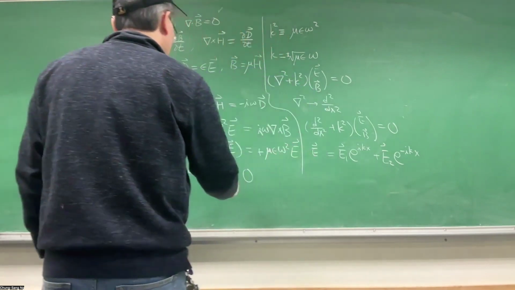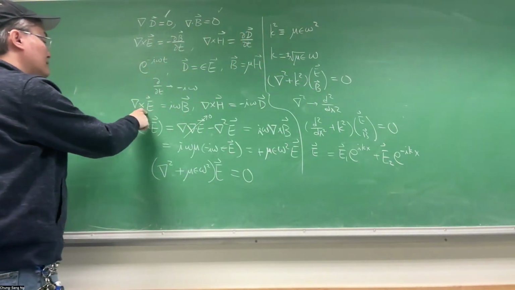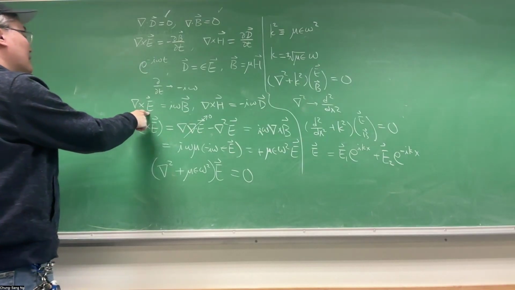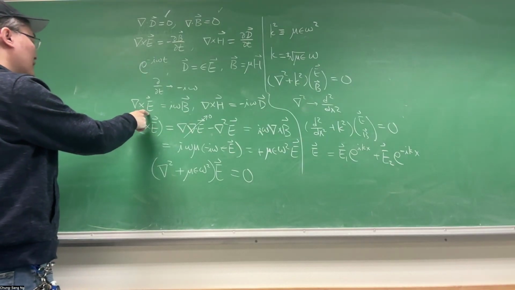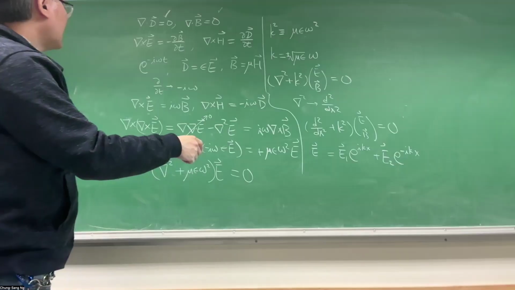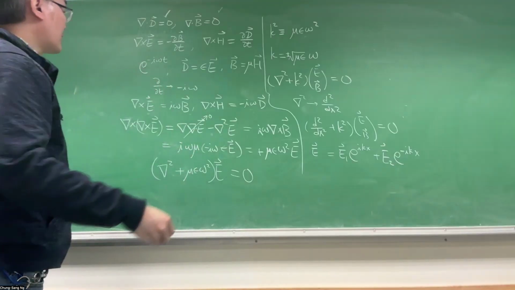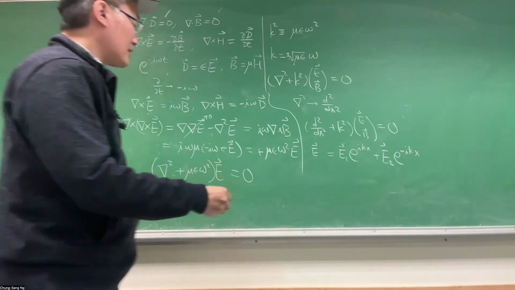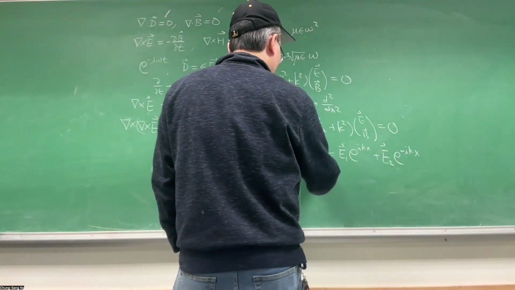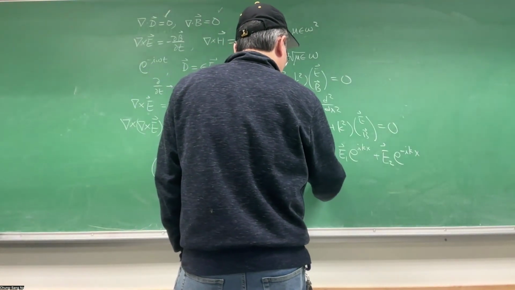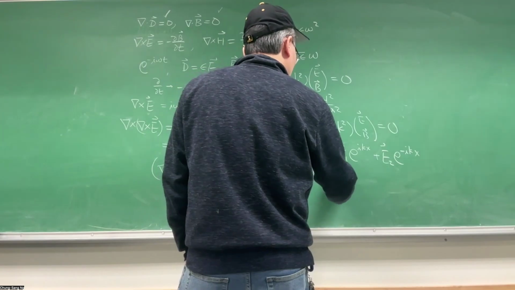So this is after you do the Fourier transform, so it's just a single frequency of E, not including the exponential time dependence. But if you want, you can add that back. So E now becomes a function of x and t.